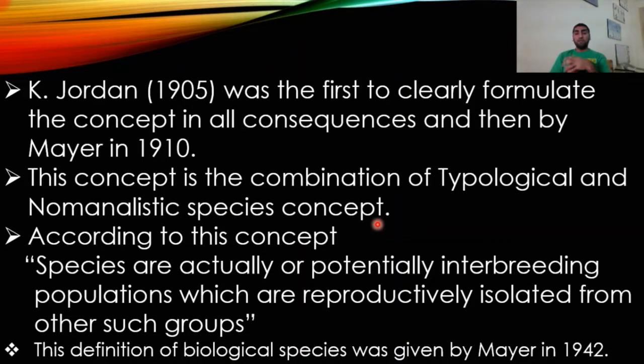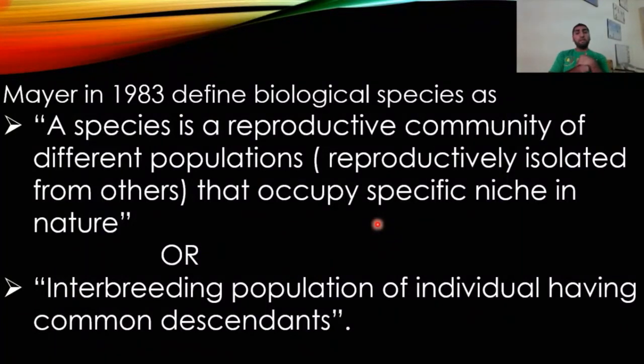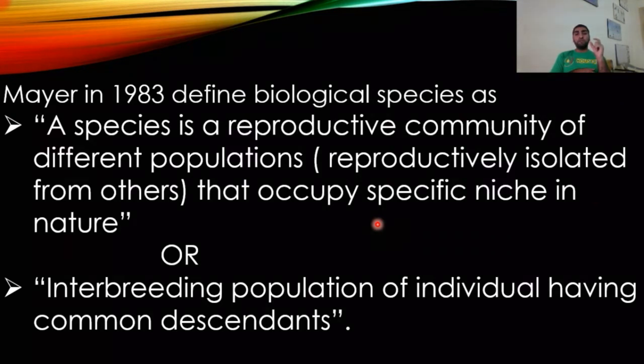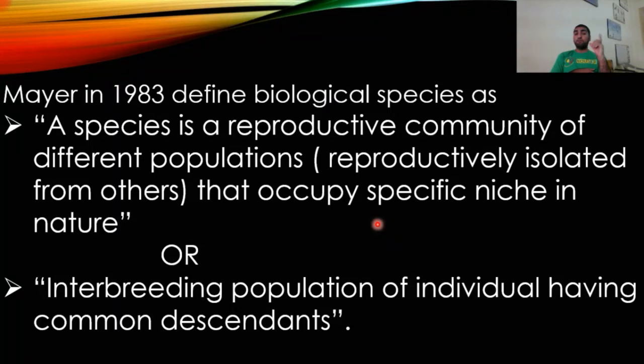This definition of the biological species concept was actually given by Mayr. Mayr in 1963, I think it is 1963 or 1983, defined a biological species as a reproductive community of different populations which is reproductively isolated from others and occupies a specific niche in nature. That means species are reproductive communities, different populations of reproductive communities.